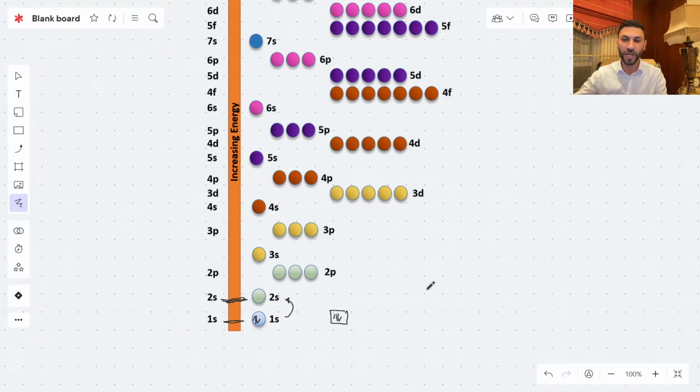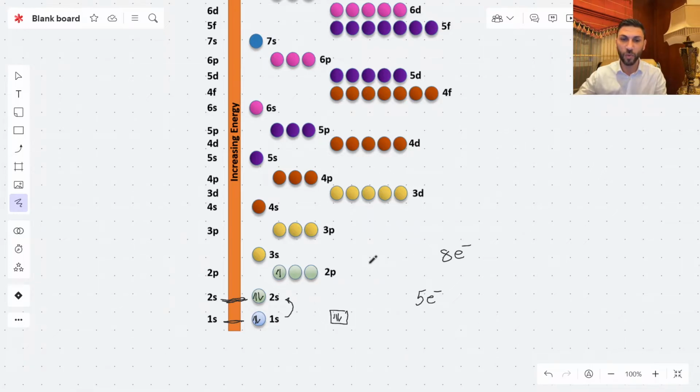What if we have 5 electrons, for example? We're going to put 2 electrons in 1S and then 2 electrons in 2S, and then we still have 1 electron, which we can put in 2P. What if I have, let's say, 8 electrons? So 2 electrons in 1S, 2 electrons in 2S, that's 4.